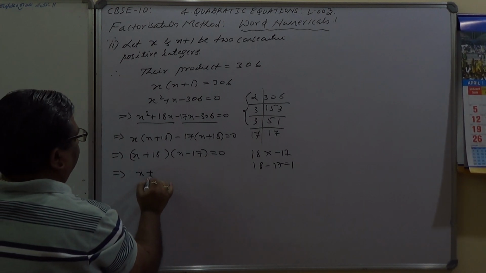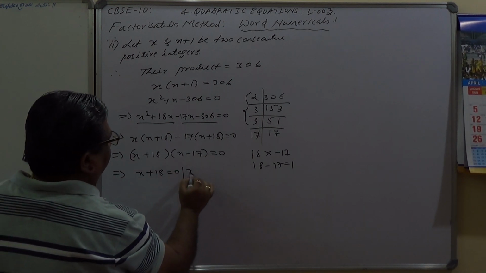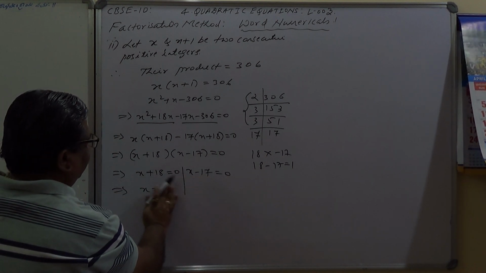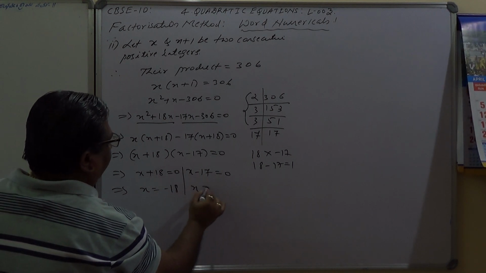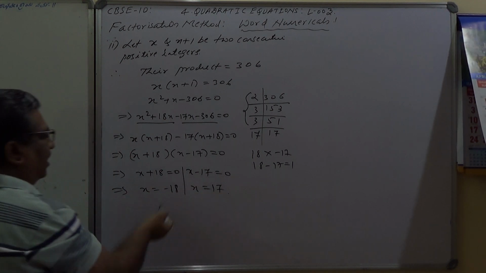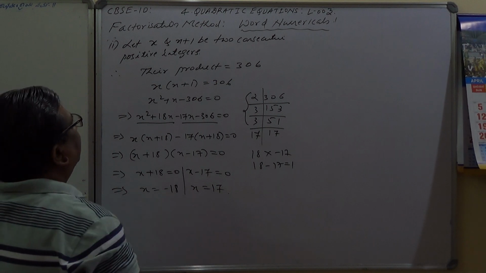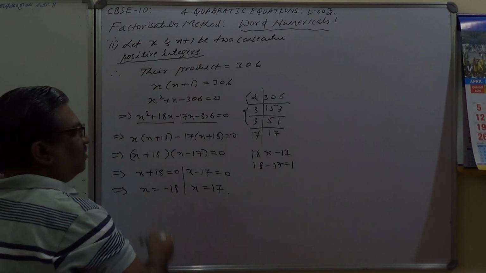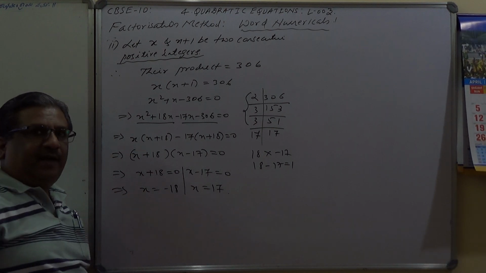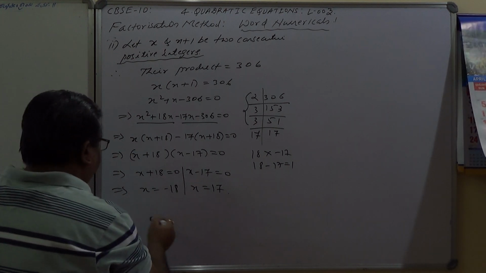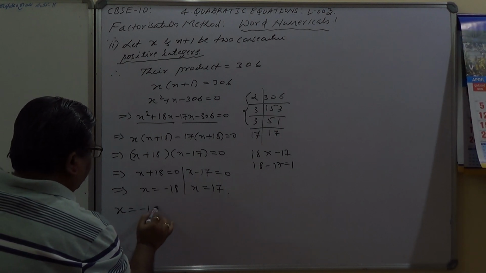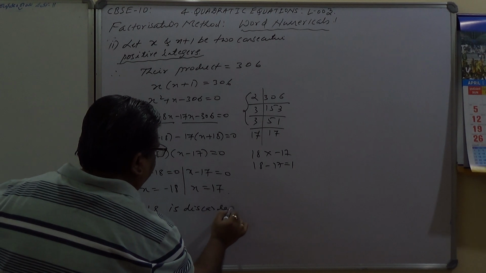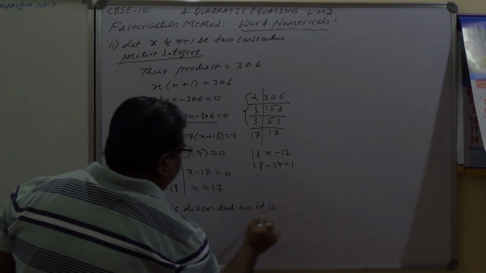Implies x plus 18 equals 0, x minus 17 equals 0. Implies x equals minus 18 and x equals 17. Here minus 18 is discarded because we have to find the positive integers, whereas x equals minus 18 is a negative integer.